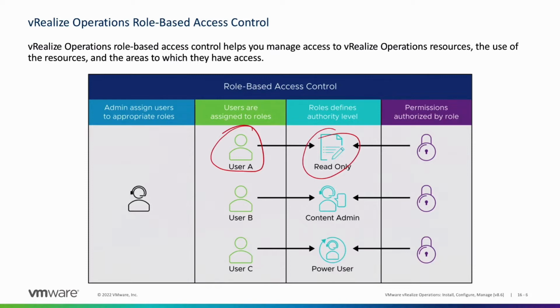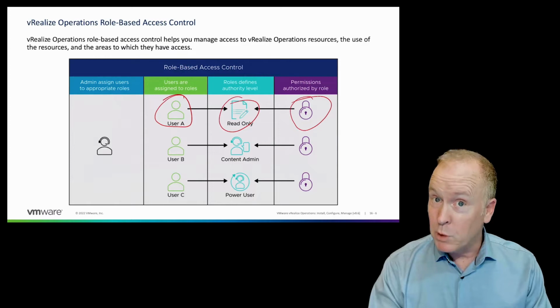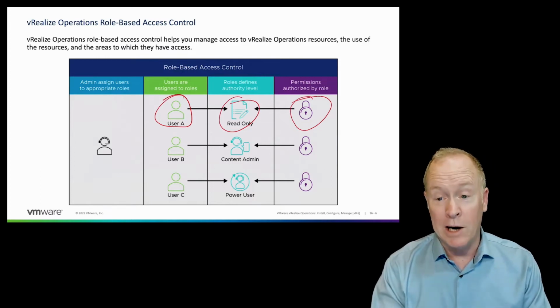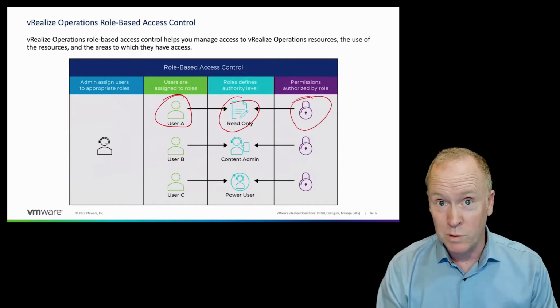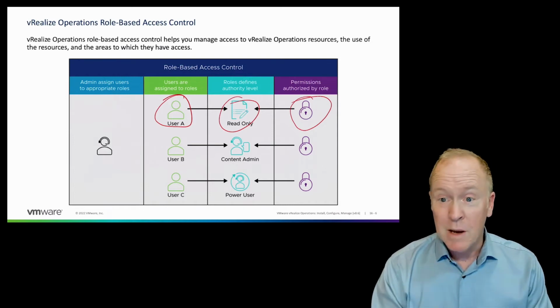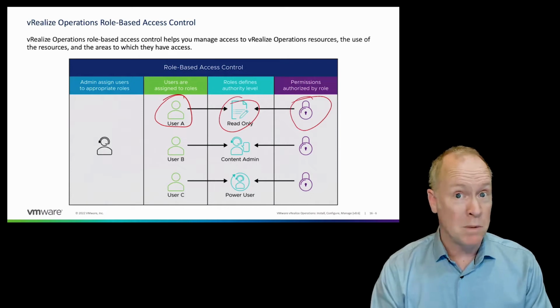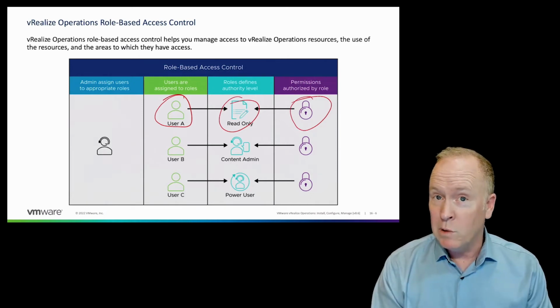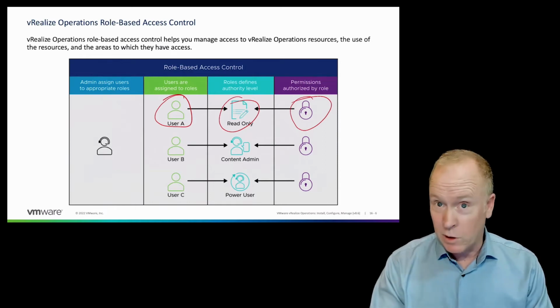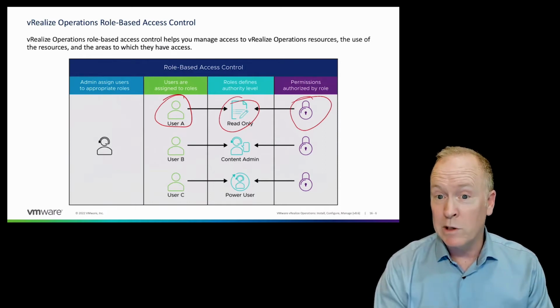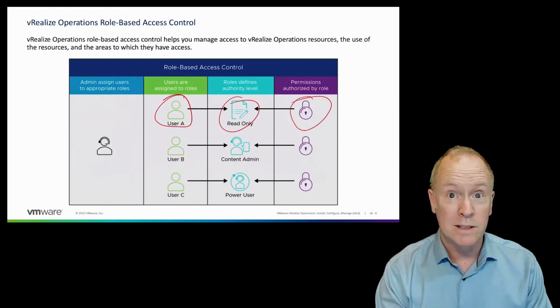So the role, in this example, the read-only role, is a collection of permissions that we specify. Now there are several predefined roles, including read-only, content admin, and power user. We'll look at all the predefined roles a little later in this lesson, but those predefined roles can be used and/or you can create your own roles. But in each case, the roles are collections of permissions that we're going to grant to users.